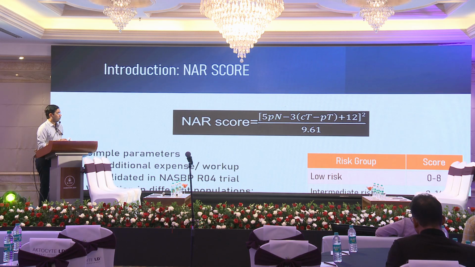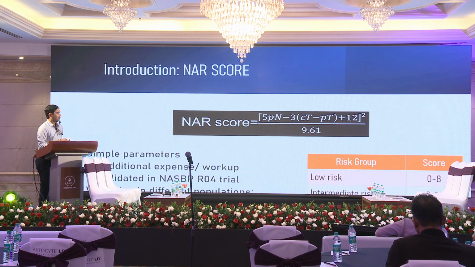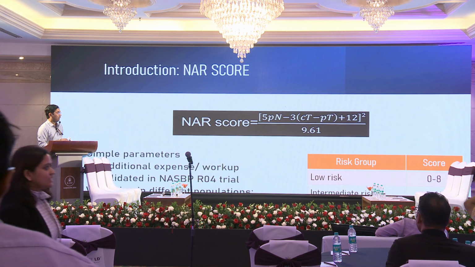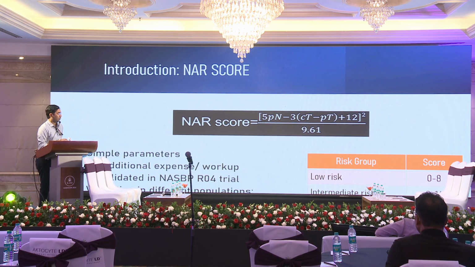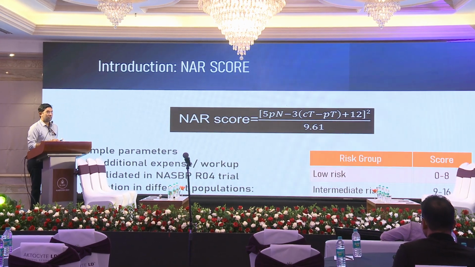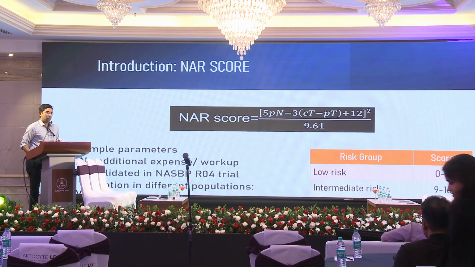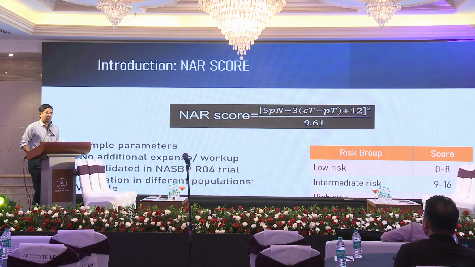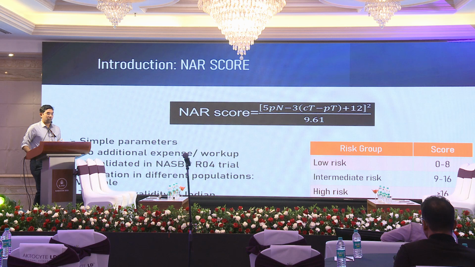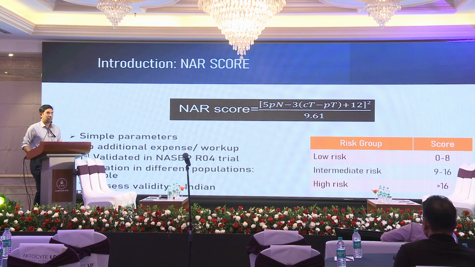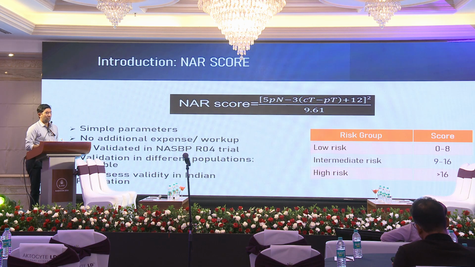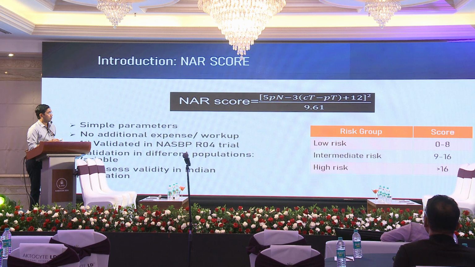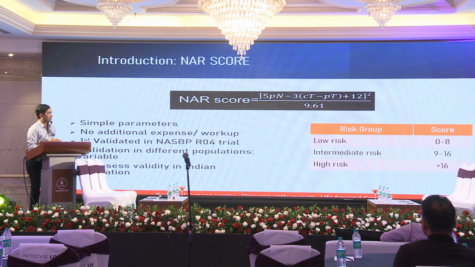The neoadjuvant rectal score is 5 pN minus 3 into (cT minus pT) plus 12, the whole squared, divided by 9.61, where pN refers to pathological nodal staging. Basically, the NAR score is derived from the Valentini nomogram, which was validated by 5 European trials, and it comprises 8 variables such as age, type of surgery, radiation received, dose received, followed by these 3: pathological nodal stage, clinical T stage and pathological T stage.